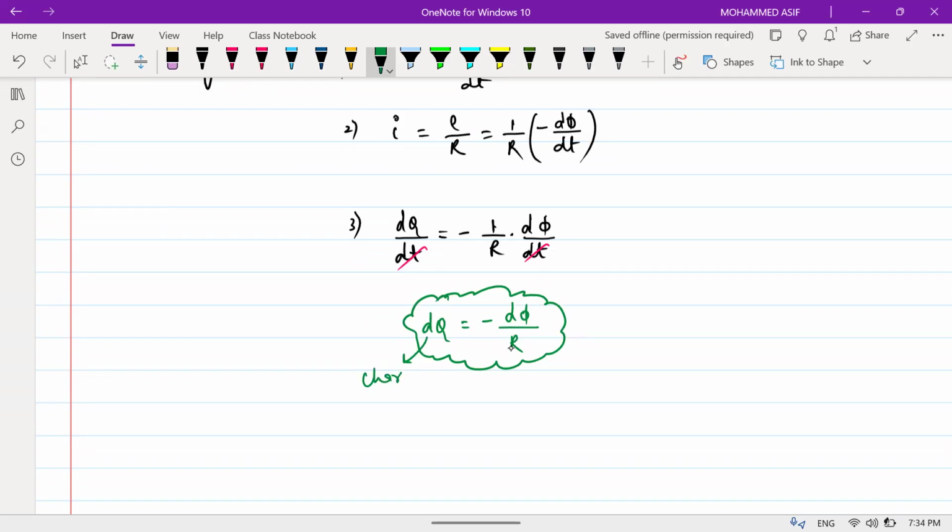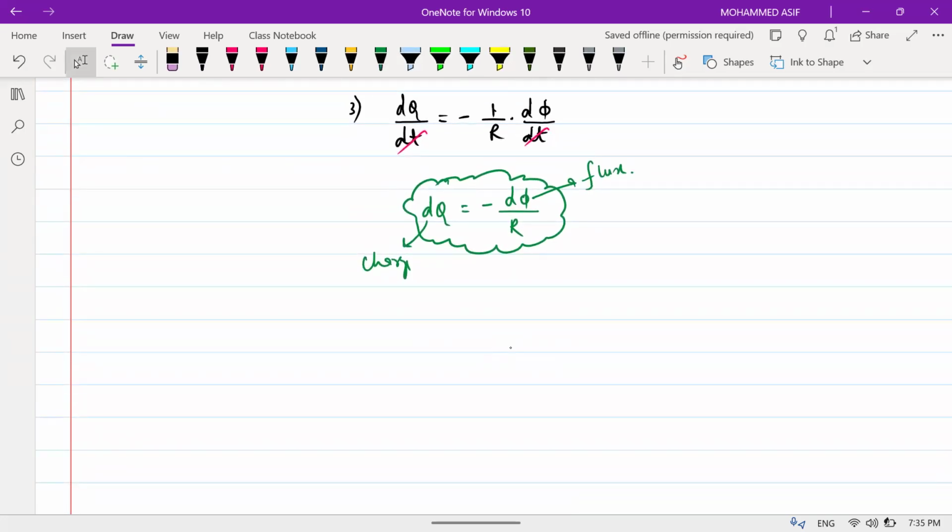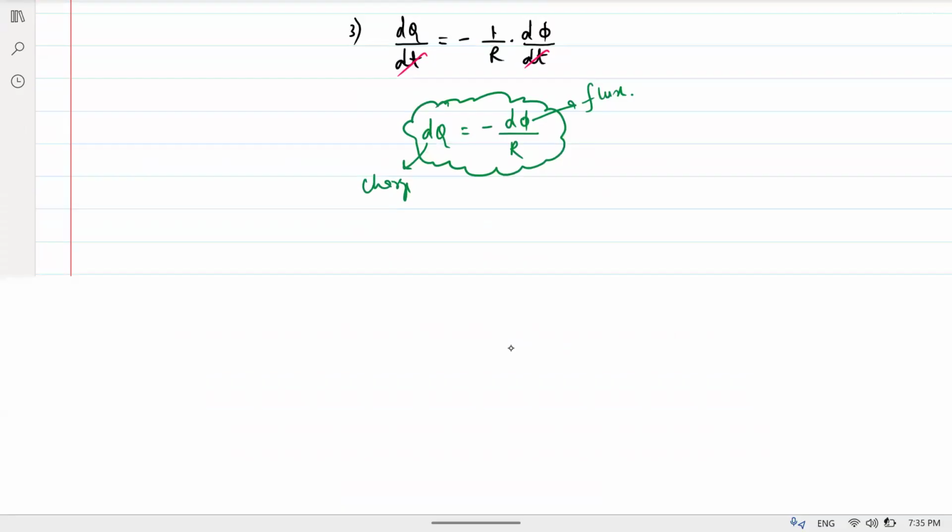This is your charge flow, and this is your flux. Am I clear? If I remove the minus sign, I can write delta Q equals delta phi divided by resistance R. Phi, initial minus final, we can write. Can I write like this? And delta change. Clear?